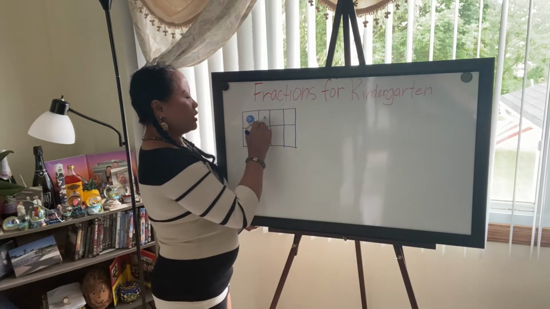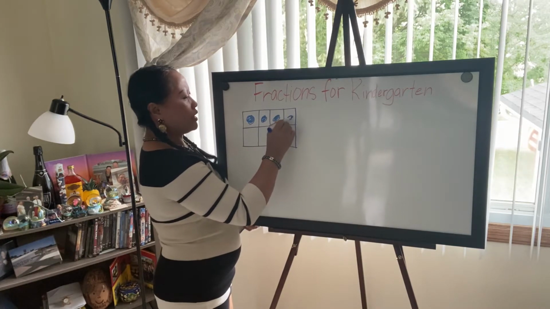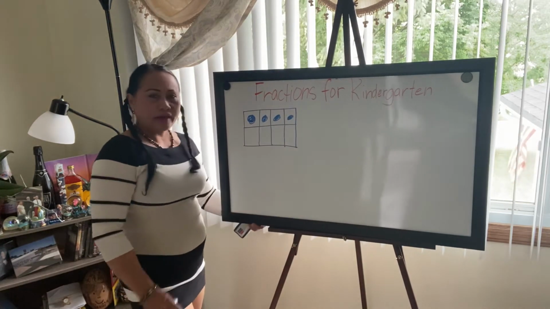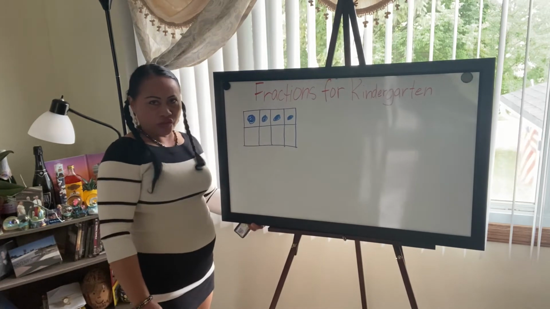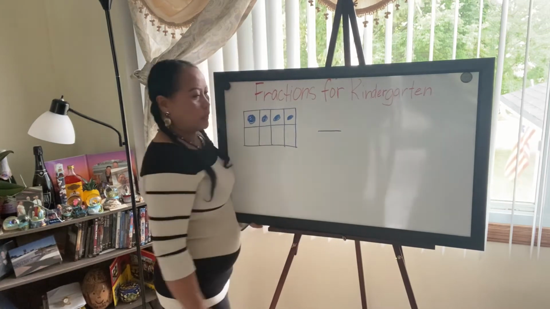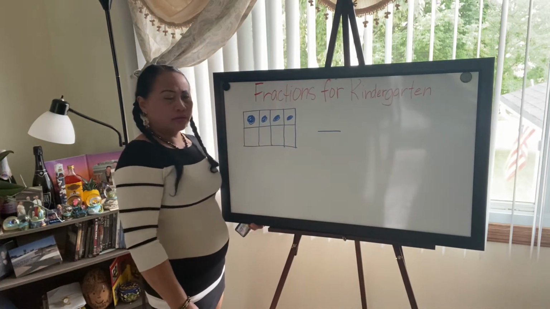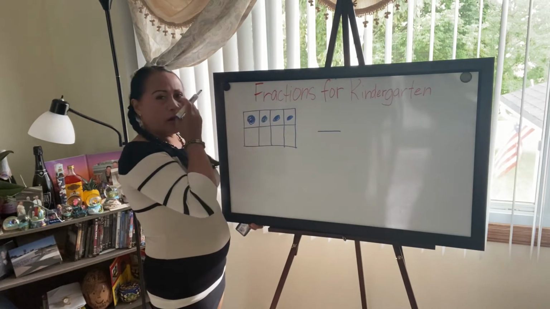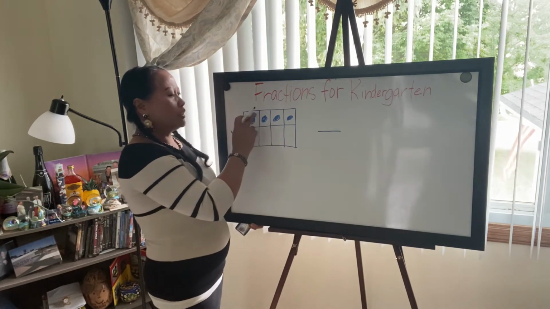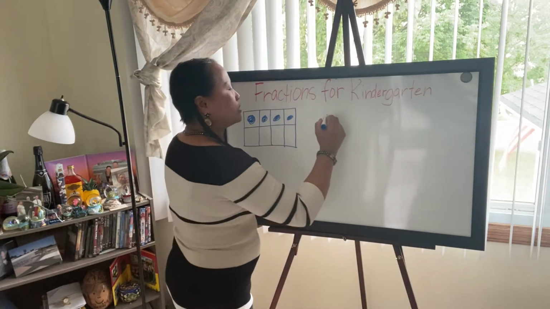This one shade, this one shade, this one shade, this one shade. So now we will write this one into a fraction. First you have to do the line. Count all the shaded part. 1, 2, 3, 4. There are 4. So you write 4 on top of the line.